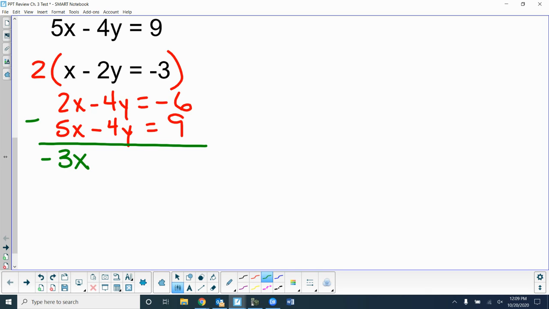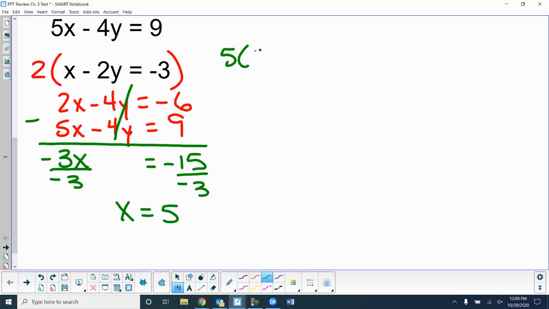Negative 4 minus a negative 4 means negative 4 plus 4, so they cancel. And then negative 6 minus 9 is a negative 15. Divide by negative 3. X is positive 5. And I just substitute into the top one there to figure out my y.